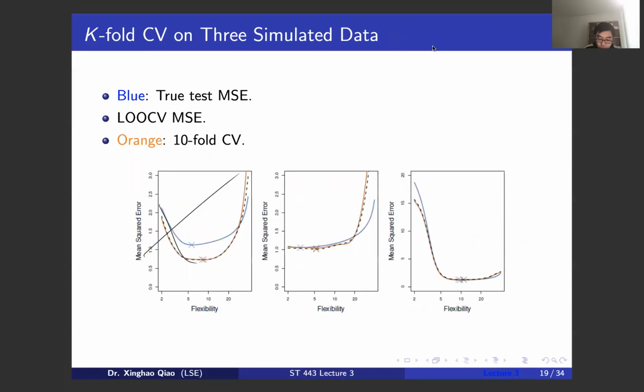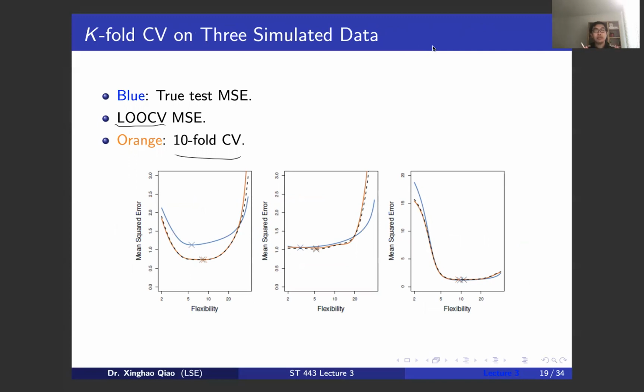Okay, so let me give you another simulation scenario to compare the true test MSE and the estimated test MSE obtained by either the leave-one-out cross-validation or the tenfold cross-validation. And remember, this is a simulation data set, so we know how the data are generated.